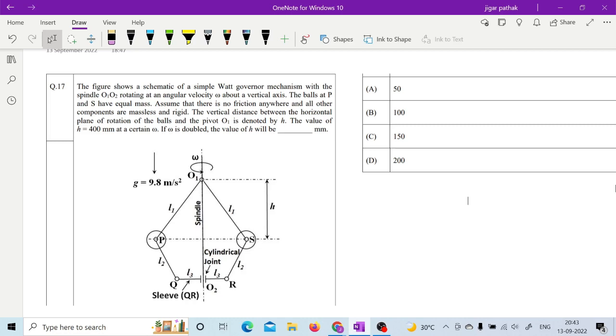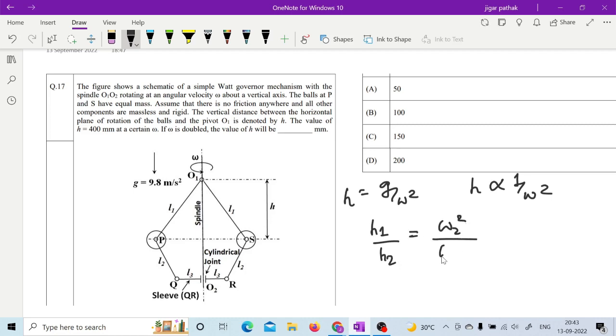So it is very simple, I guess. 100. Right. So there is a relation between this h and omega square. We have seen, h is equal to g upon omega square. So we can say h is inversely proportional to the square of the speed. So if you are having h1 and h2, then you can write h1 upon h2 is equal to omega 2 square upon omega 1 square, right?